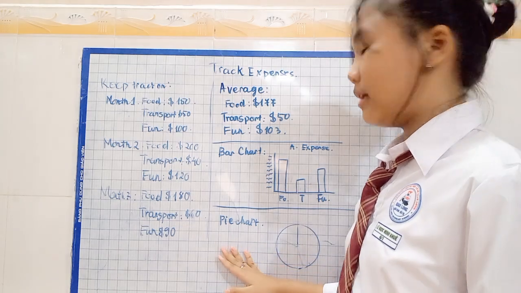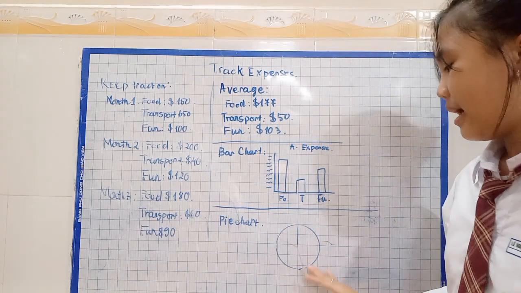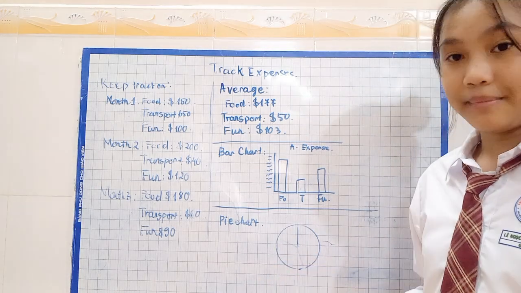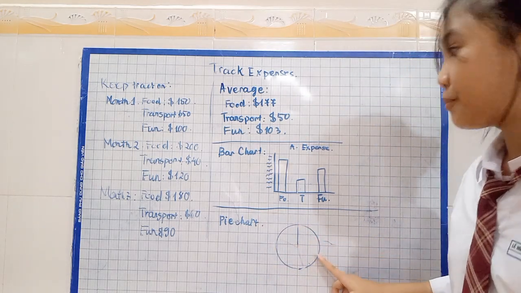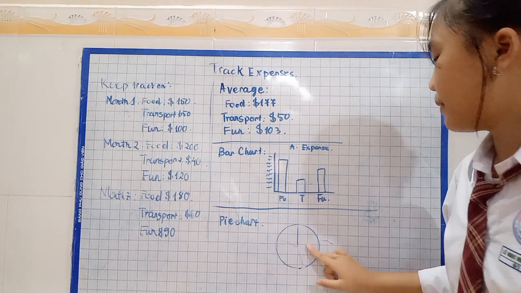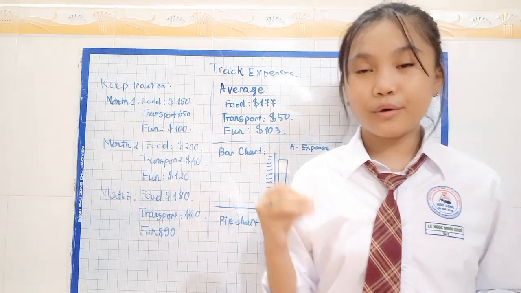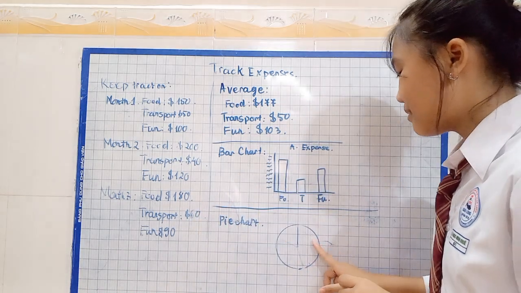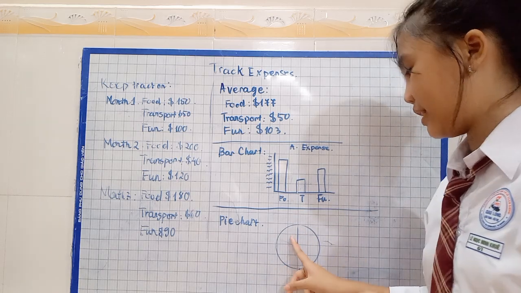Next and lastly is the pie chart. So you will see the pie chart here. I'm sorry because it was a little bit light. You could look up here, our first slice. It is pretty big because it is about $177. Based on ratio, you can see that this slice of food is much bigger than transportation, right?